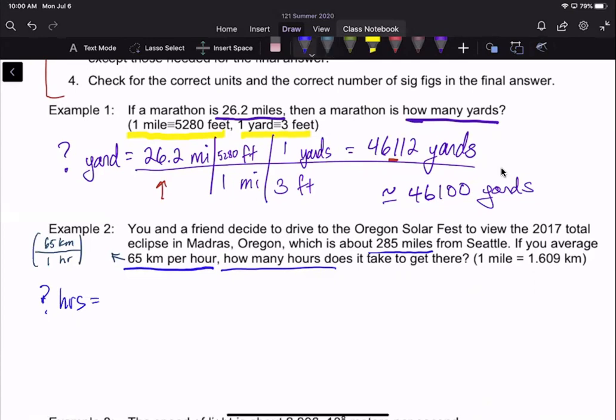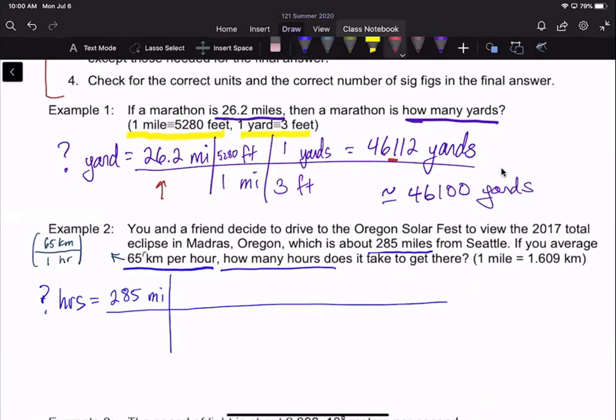Now I'm going to go ahead and start with 285 miles. That is often what students pick to start with. So how many hours does it take to go 285 miles? Well, I see up here I've got kilometers. So let's go ahead and do that conversion we saw. Miles to kilometers. Here it is. 1 mile, 1.609 kilometers. Great, miles are out of there, so we're making progress.